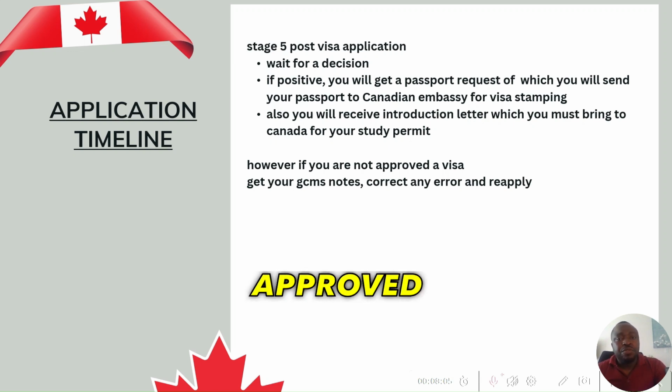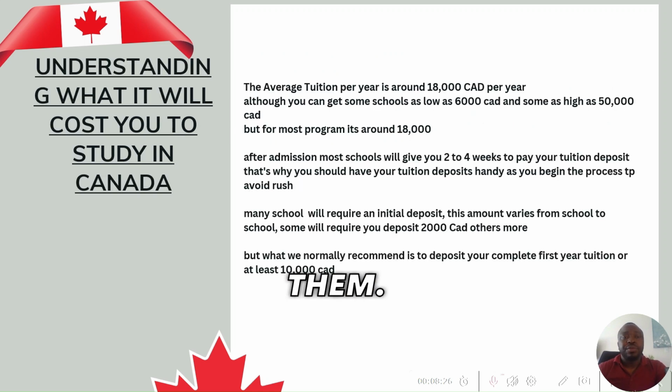However, if you are not approved this time, you get your GCMS notes, correct any error, and reapply, and we hope you get a positive decision, because by then you would have known the errors of the previous application and you will know how to correct them.